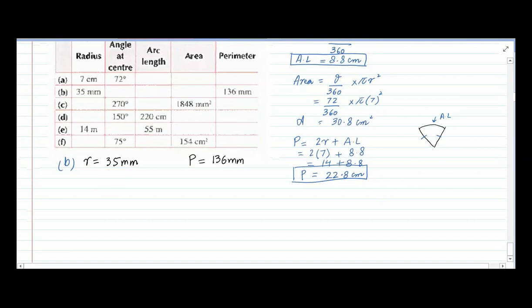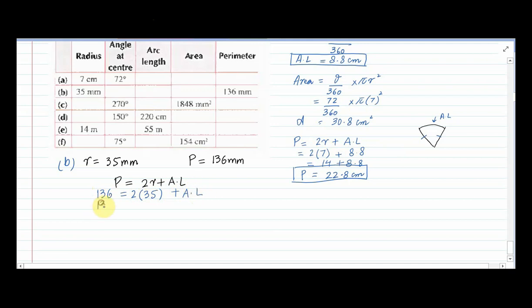Now basically, what is perimeter? Perimeter is 2 times radius plus arc length, the same concept that I have explained in the last part, right? The value of perimeter 136 is equal to 2 times the value of r, 35, plus arc length, which is unknown.